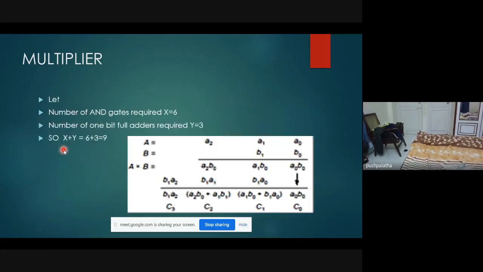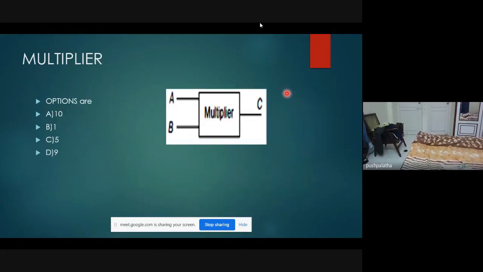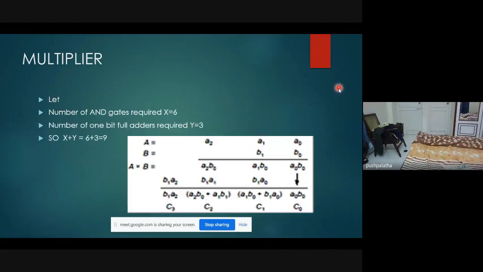Now we'll go for 3 inputs for A. So here A0, A1, A2, 3 bits. And here it is B0, B1. Now you multiply A0, A1, A2 by B0, B1. So A0 B0, then B0 A1 and B0 A2. Then B1 A0, then B1 A1 and B1 A2.